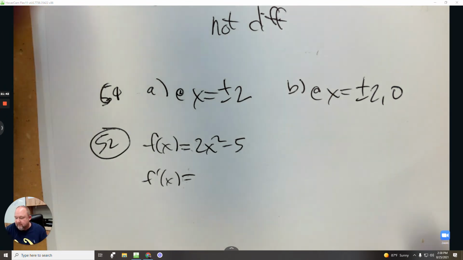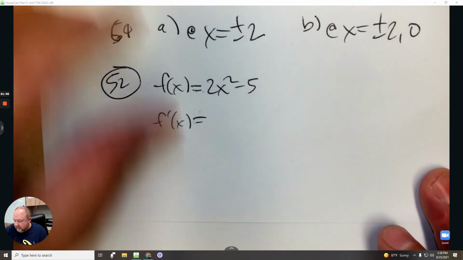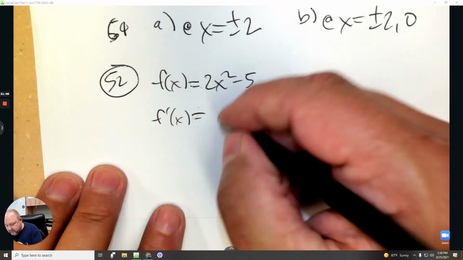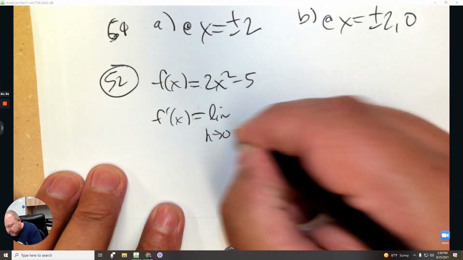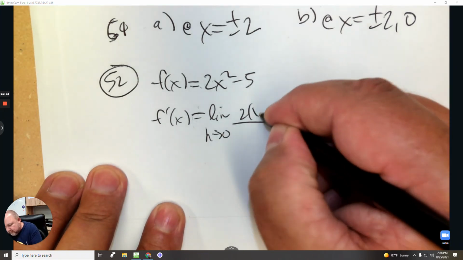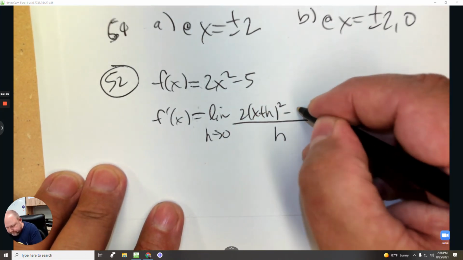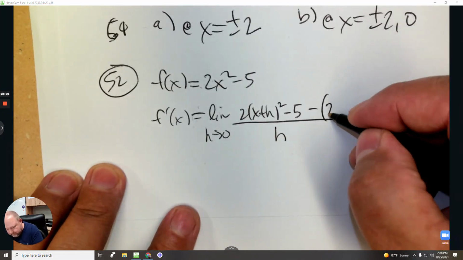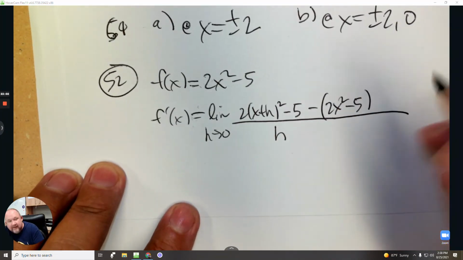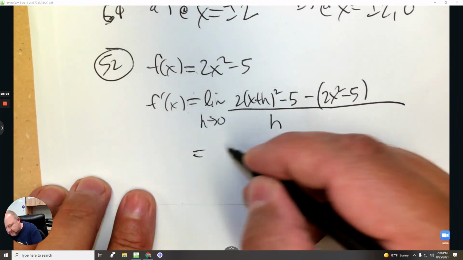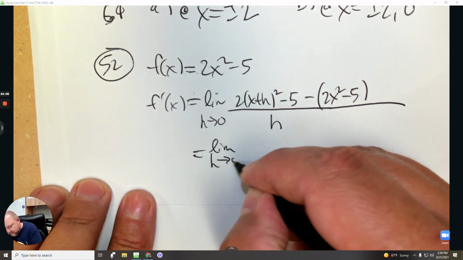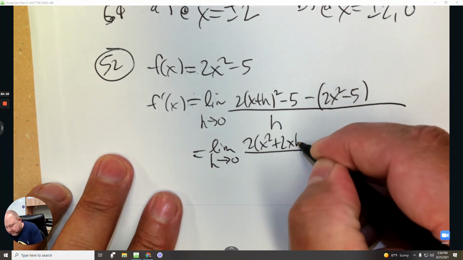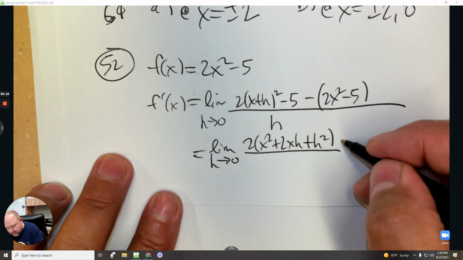So, we're almost done. 52. I'll use a limit definition to take the derivative. The limit as h approaches 0, use x plus h. Plug in the function. That's what we're taking the limit of. This is x squared plus 2xh plus h squared.